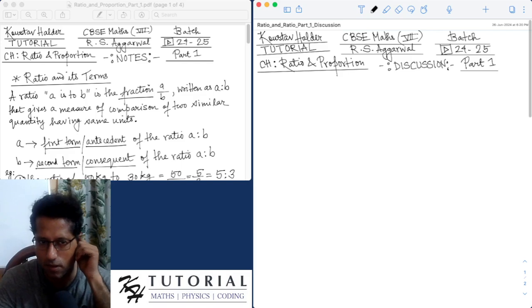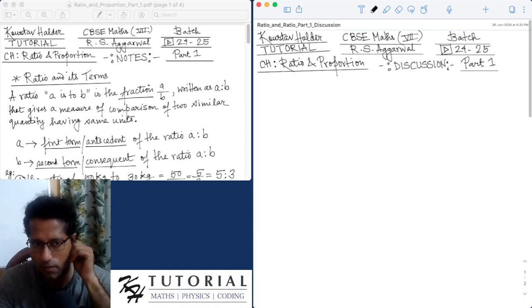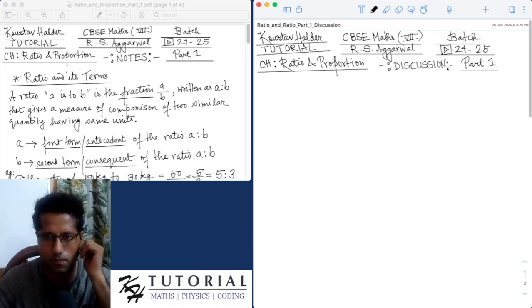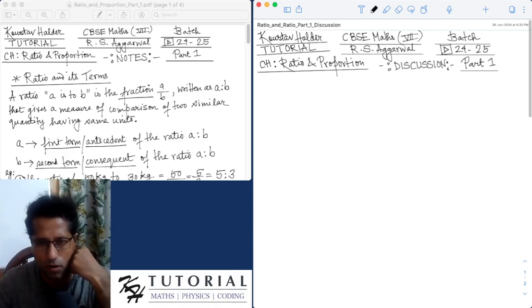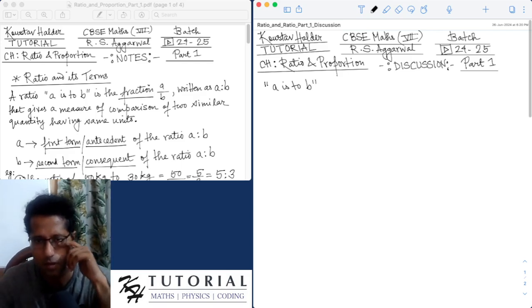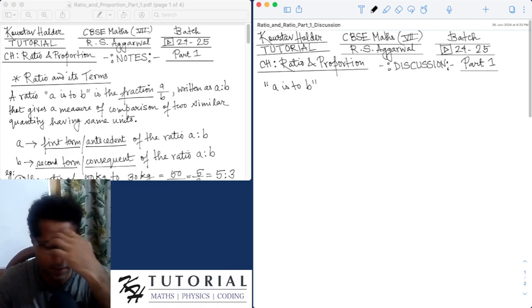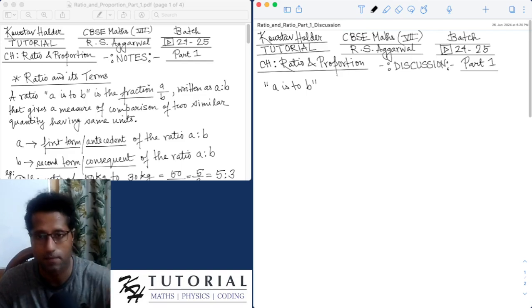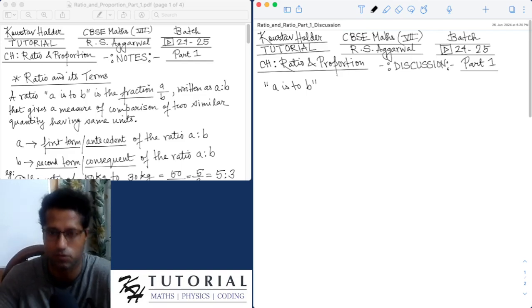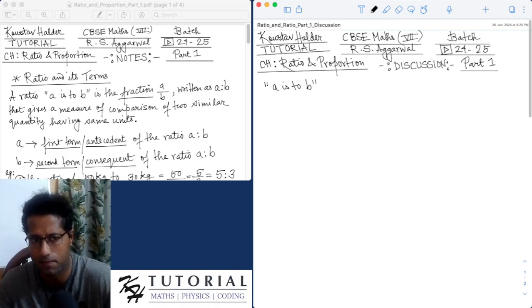The textbook says that a ratio A is to B is the fraction A by B, written as A colon B. This A is to B is a statement in words, defining or representing the ratio between A and B, and A and B are some quantities.